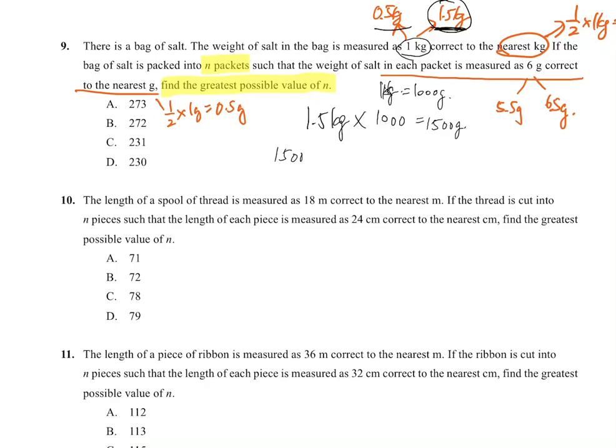Since it's 1,500 grams, we want to divide it into smaller packets. And because we want the value to be as big as possible, we should put as little salt in each bag so that we can make more bags. So we should use the lower limit when we divide, so that we are putting in only 5.5 grams of salt in each of them.